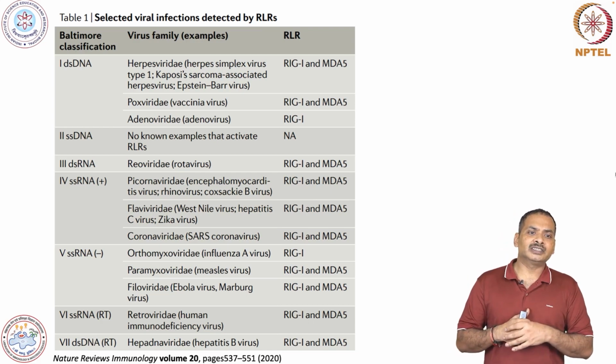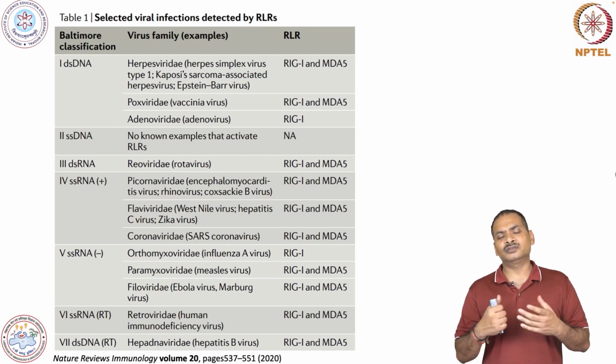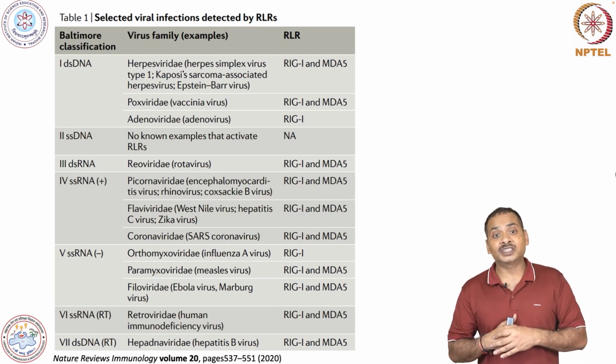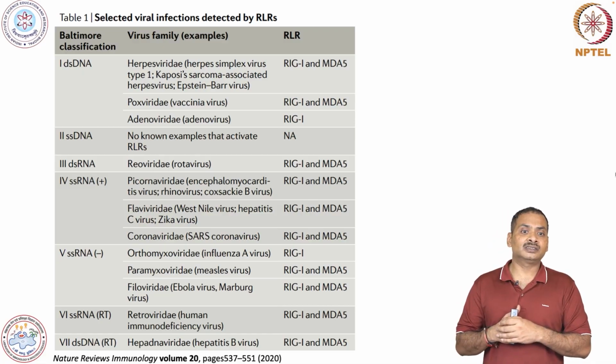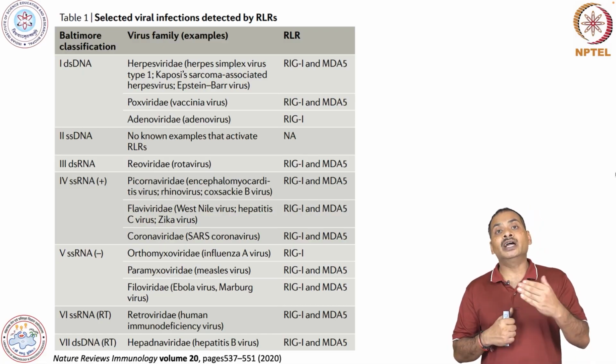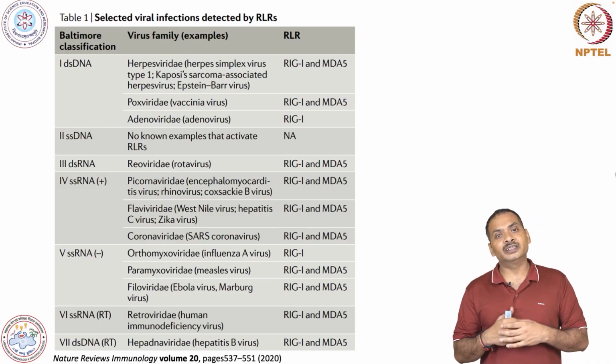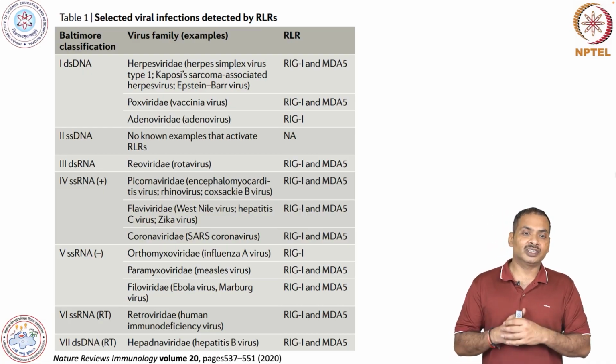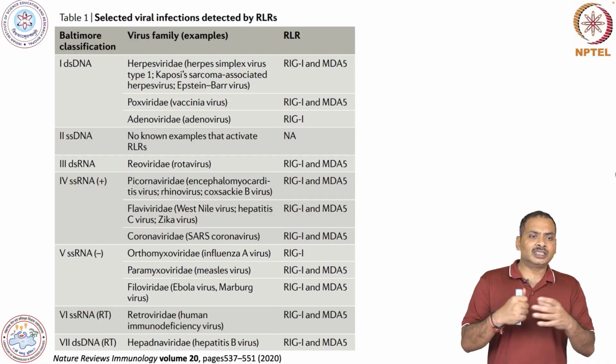They also recognize a poxviridae family member, which is vaccinia virus, and this is also recognized by both RIG-I and MDA5. Adenoviruses are basically recognized by only RIG-I, okay. So this is class 1.